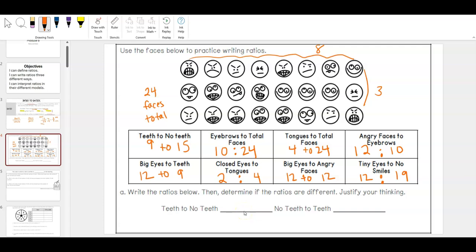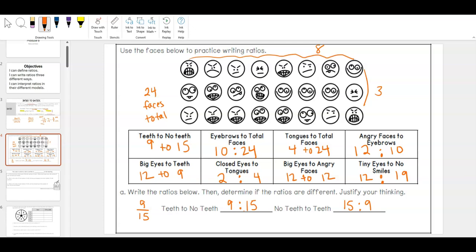So if I take these two ratios we already did, which is teeth to no teeth, and I go ahead and write it, teeth to no teeth was 9 to 15, versus no teeth to teeth. Are these ratios the same thing? Well, no, they're not. One reason why is because I can write these like fractions.